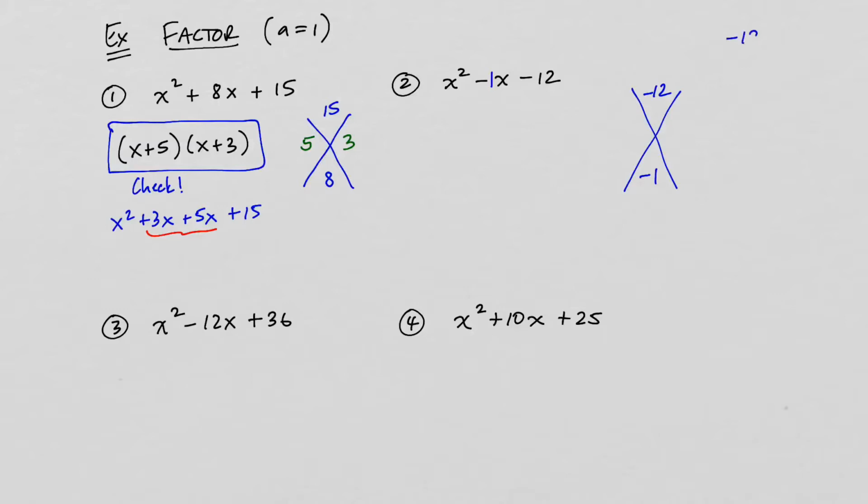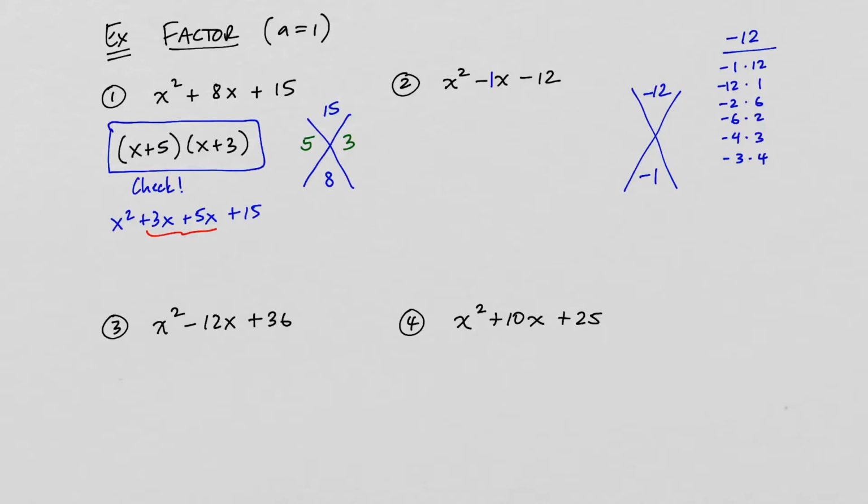So if you think about factors of negative 12, you could have negative 1 times 12, or you could have negative 12 times 1. You could also have negative 2 times 6, or negative 6 times 2. And you could have negative 4 times 3 and negative 3 times 4. So you have more possibilities because the product is negative.